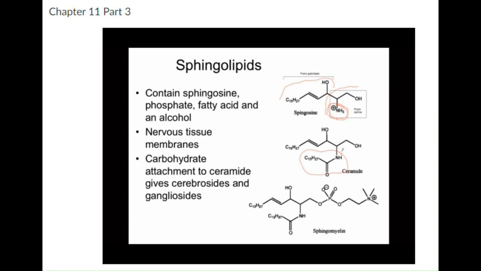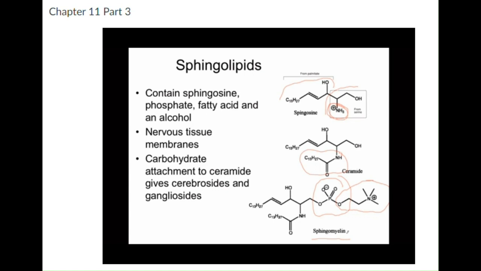Ceramides then get further modified, first by adding a phosphate, and then by adding an alcohol, kind of like we saw in the phospholipids. So in this case, if we add a molecule of choline, we end up making a molecule called sphingomyelin. Sphingomyelin is found in relatively high concentrations in the nerve cells, particularly in the membranes of our nerve cells.